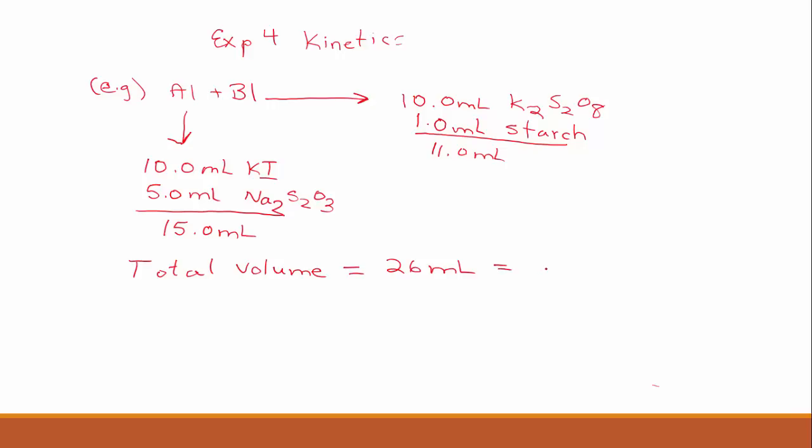which again is equal to 0.026 liters. So to find the concentration of I minus, we just need to determine the number of moles of I minus and divide it by that 0.026 liters.